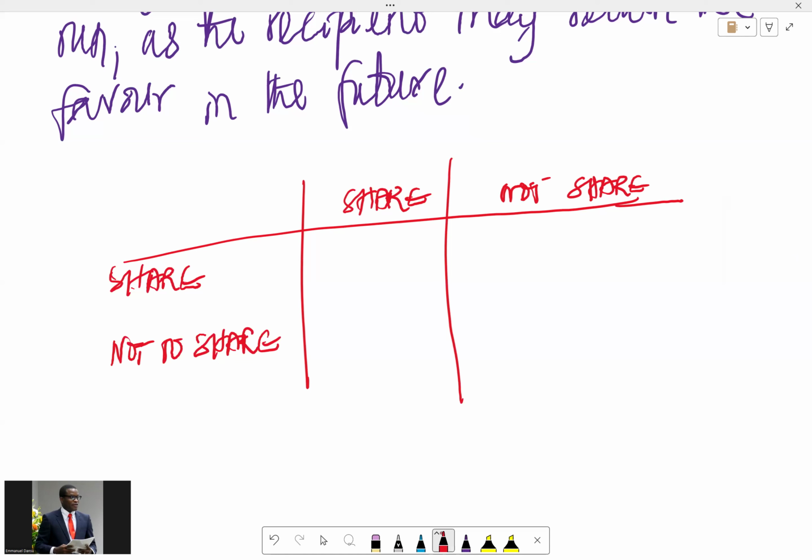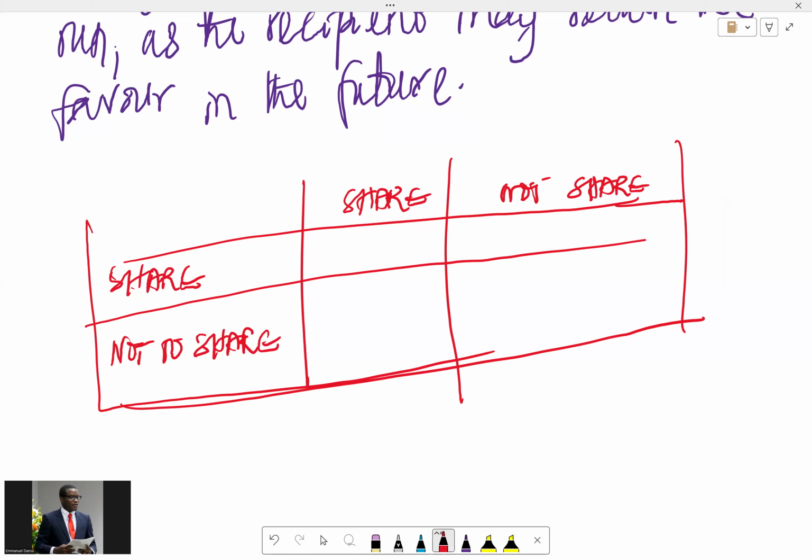So it's basically the same kind of scenario with the prisoner's dilemma we've been talking about a lot in this series. So to share is to cooperate, not to share is to defect.